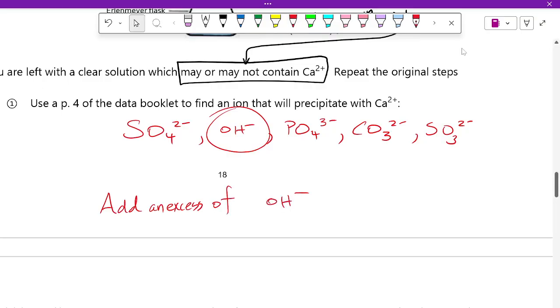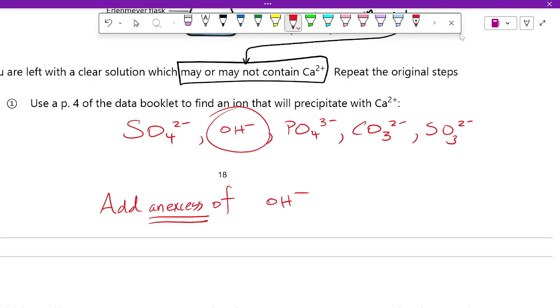Are we happy with that? No. What are we missing? OH is an ion. Can we just add it on its own? No, it has to be part of a compound.